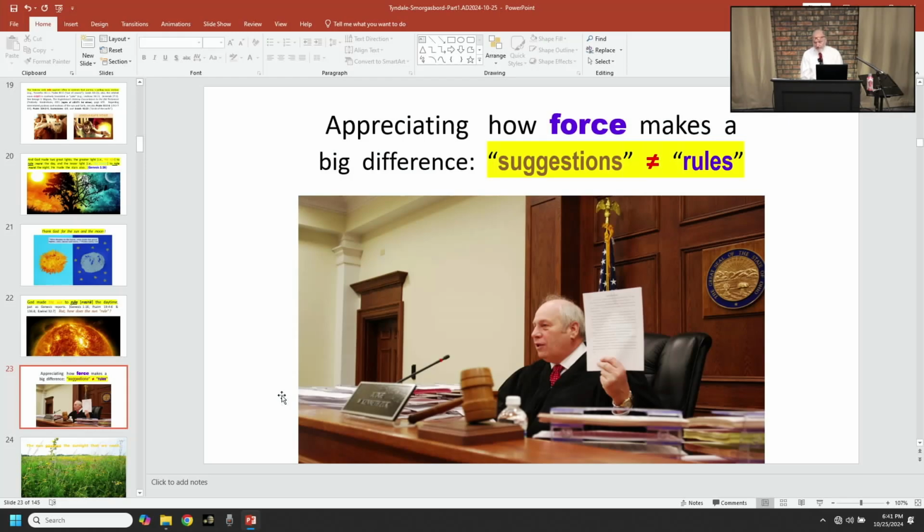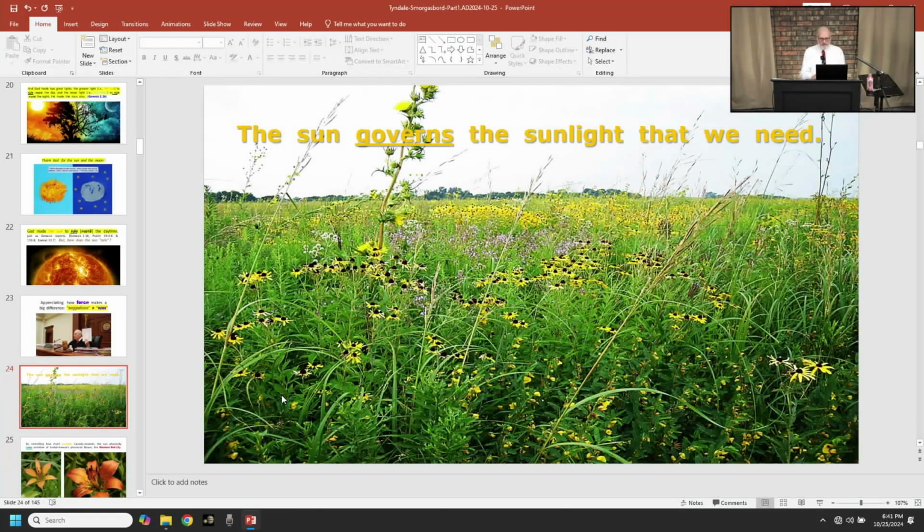But rules are different. Rules have enforcement behind them. And rules are imposed on someone or something, whether he, she, it, or they like it or not. And there's some kind of force that backs them up. That's why we call it enforceability or enforcement. So rules are not just suggestions. They have force behind them to enforce them.